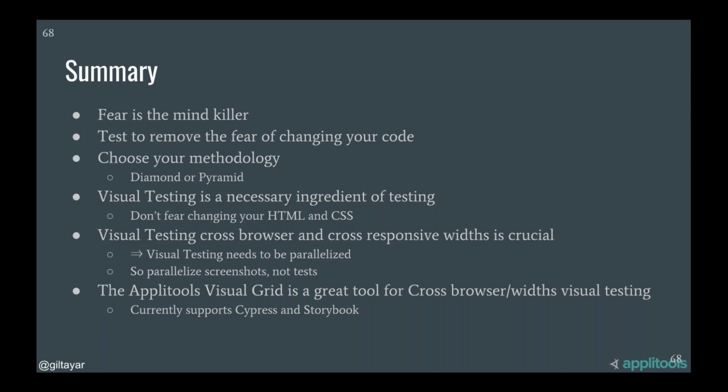You can't just test one. Visual testing needs to be parallelized, and try to parallelize the screenshots, not the test. And if you want to do that using a commercial tool, Applitools Visual Grid is a great tool for that. Currently, we support Cypress and Storybook, but in the coming months, we will be adding more browser automation tools that we will integrate with.